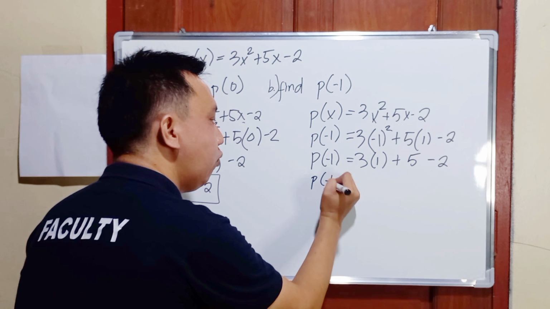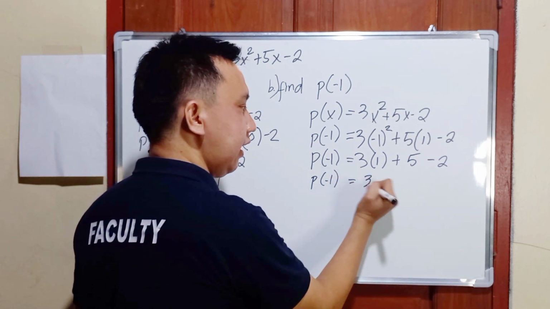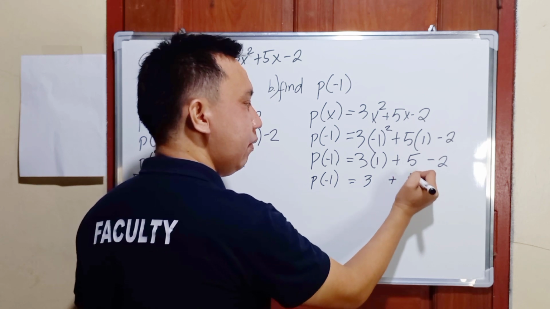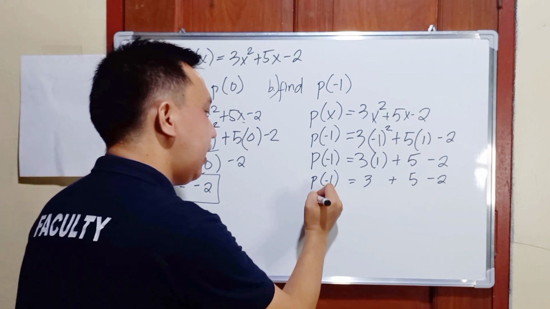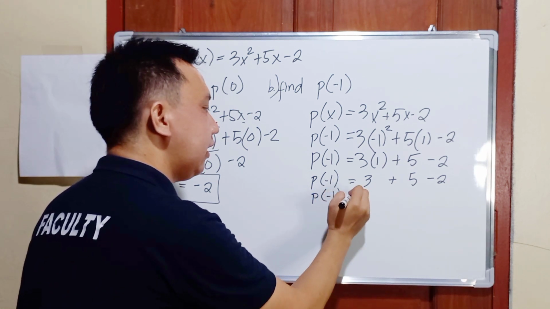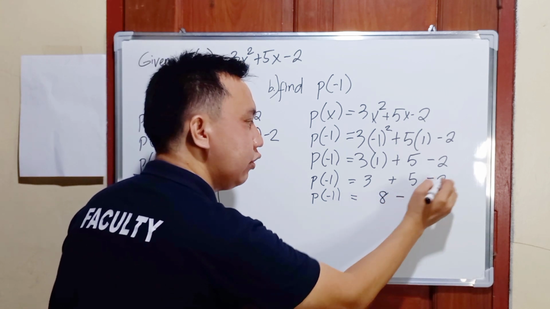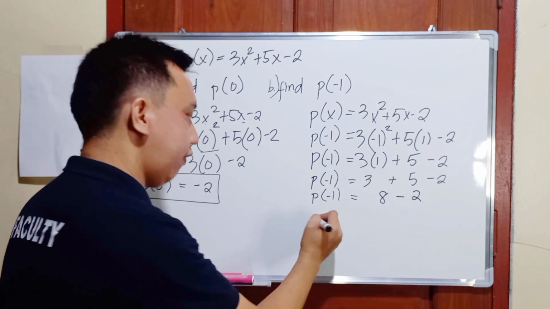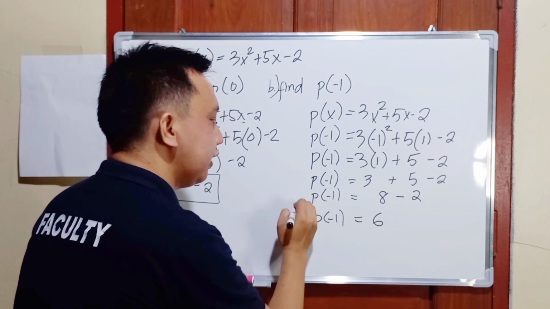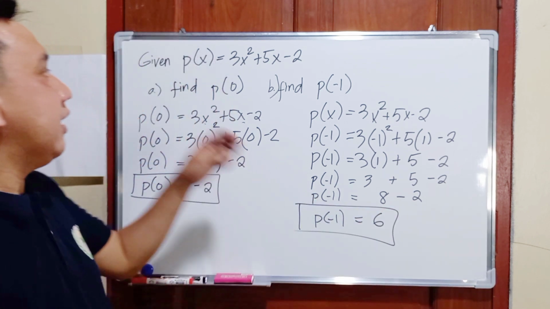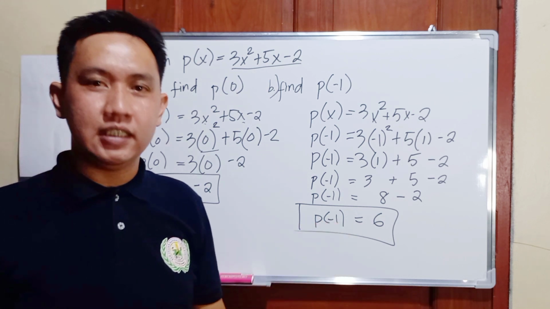P of negative 1 is equal to 3 times 1, that is 3, plus 5 minus 2. So, simplify ulit. P of negative 1, that is 3 plus 5, that is 8, minus 2. Simplify. P of negative 1, that is 6. So, our P of negative 1, given this equation, that is positive 6.